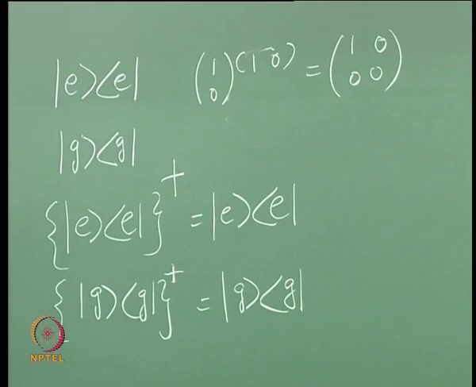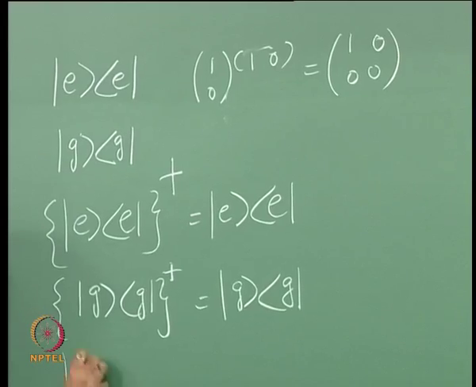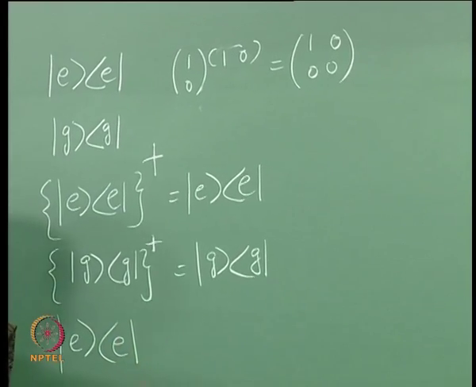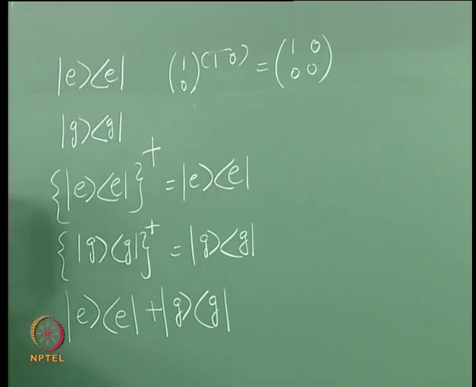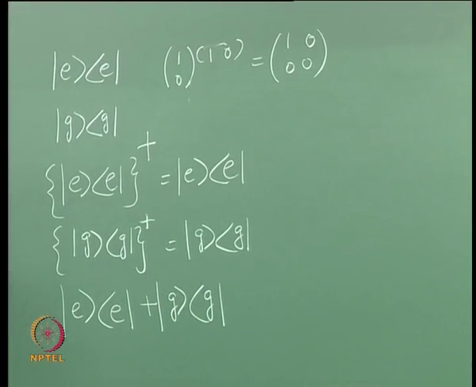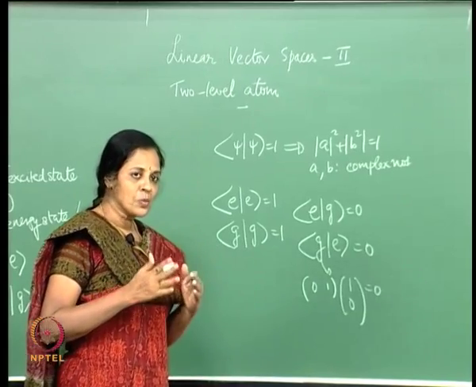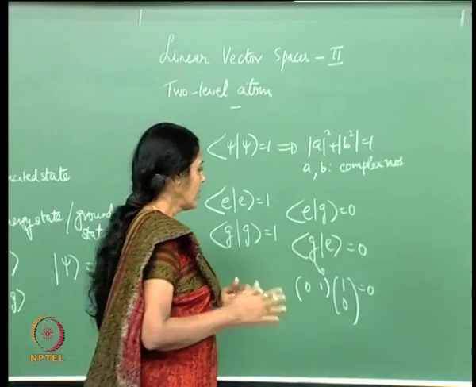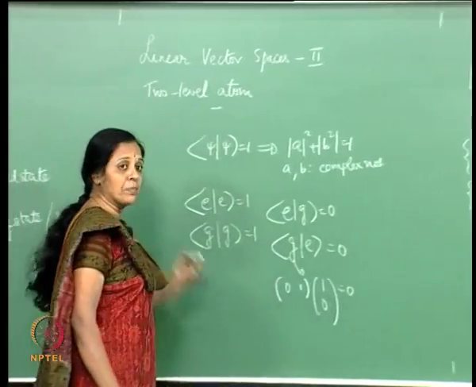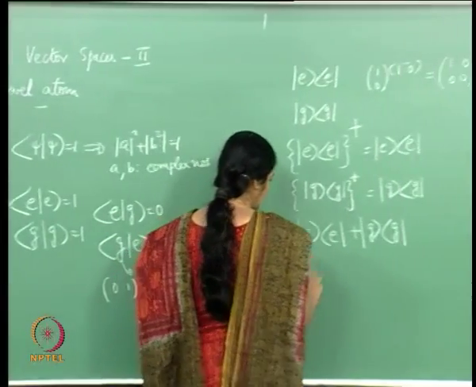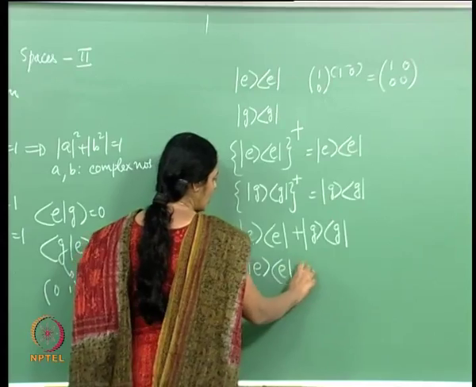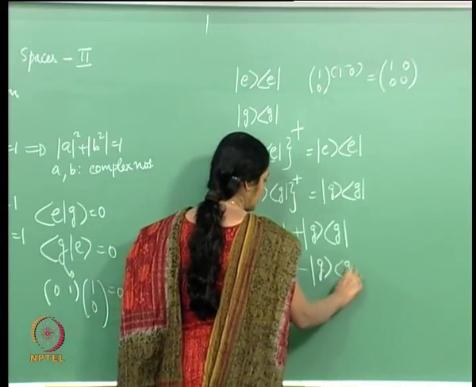Of course, I can have combinations of these operators. I can, for instance, think of this operator. You will notice that I use operators and observables interchangeably, and I could give matrix representations to the operators. Similarly, I can have an operator of this form.